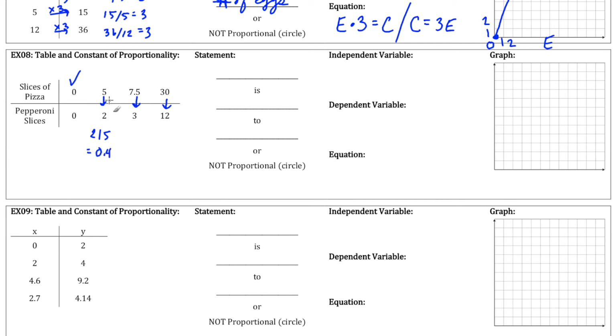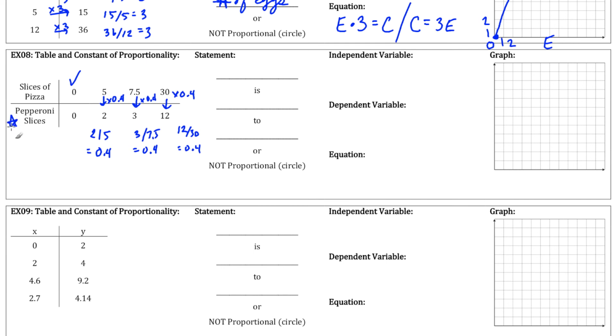So this is times 0.4. 3 divided by 7.5 is 0.4. So this is times 0.4. And then this last one is 12 divided by 30, which is 0.4 again. So they are all multiplied by 0.4.